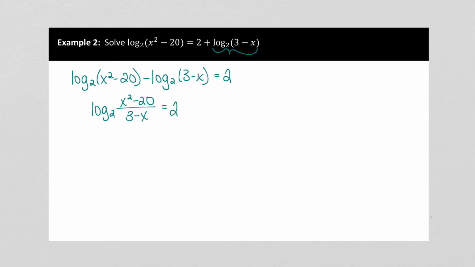And at this point, we can do the switcheroo. So our base, that's 2, to our equals, that's 2, is equal to the x squared minus 20 over 3 minus x. 2 squared is 4.